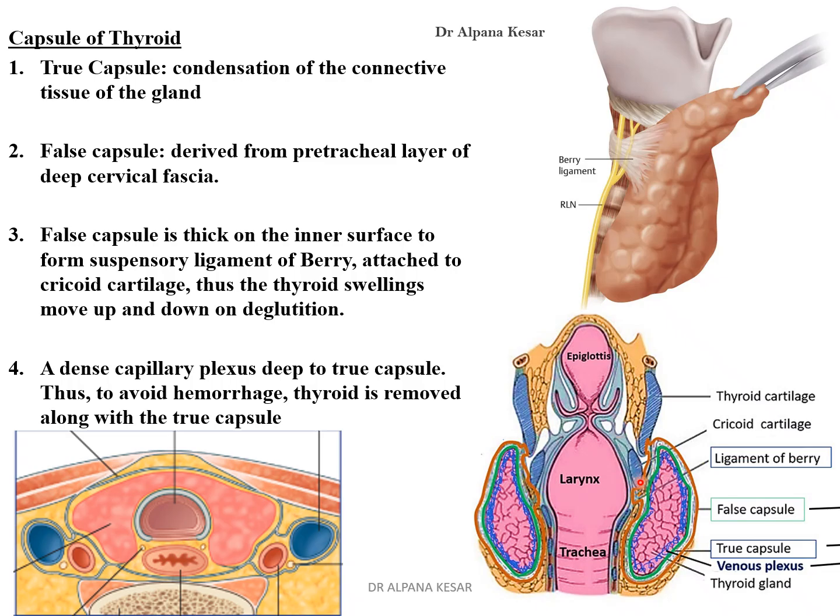There is present a dense capillary network deep to the true capsule. So, at the time of thyroid surgeries where thyroid gland has to be removed, the gland must be removed along with the true capsule to prevent the capillaries from tearing and leading to extensive hemorrhage.